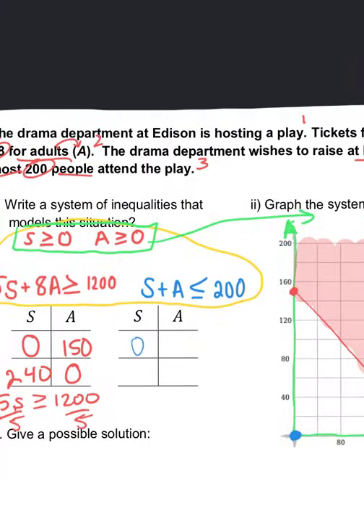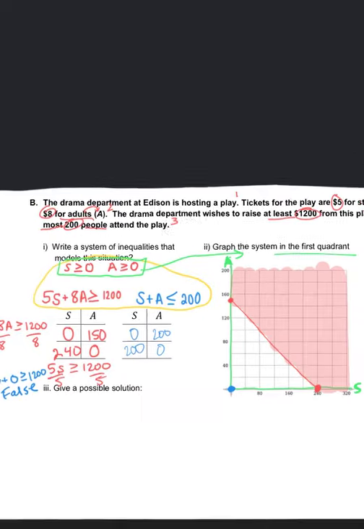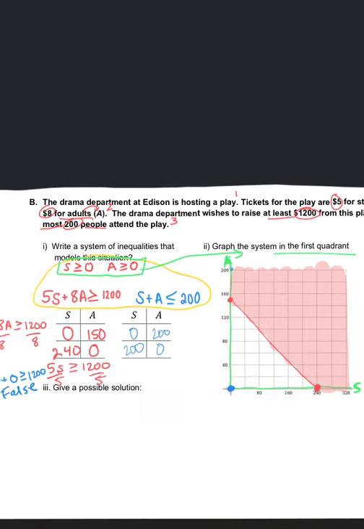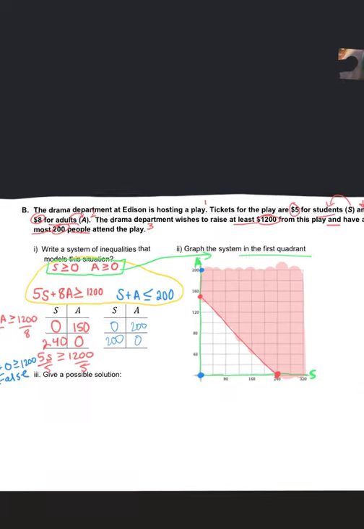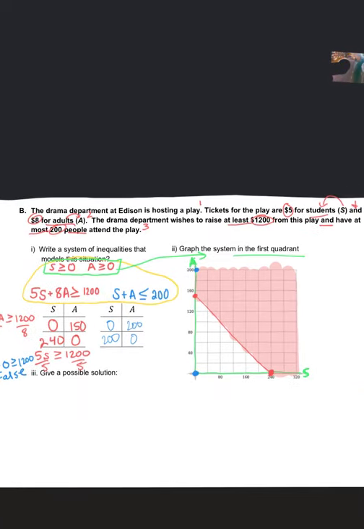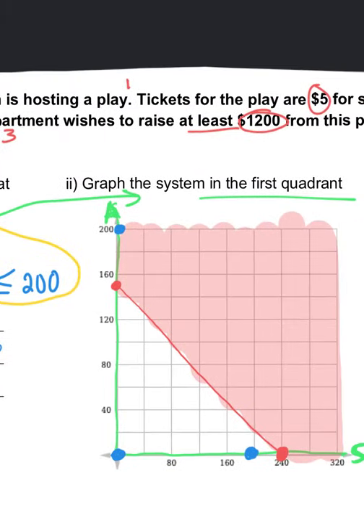Okay, now let's graph the blue. If I plug 0 in for S, I get 200. If I plug 0 in for A, I get 200. So I'm going to come over to my A-axis and plot a point at 200, and I'm going to plot a point on my S-axis at 200, which would be right here. And then I'm going to draw a solid line because it's less than or equal to.